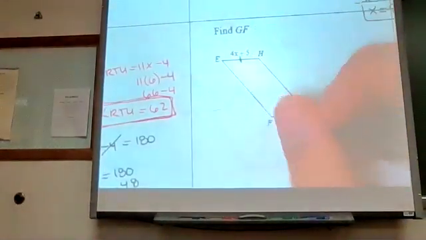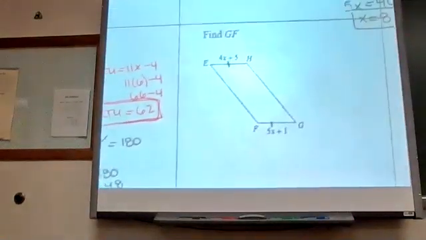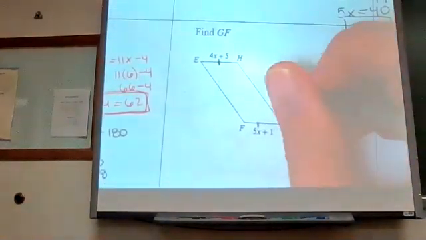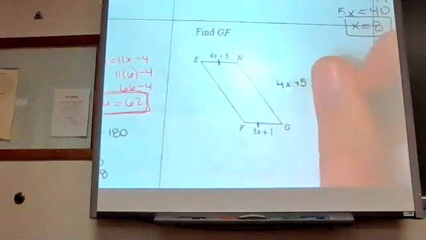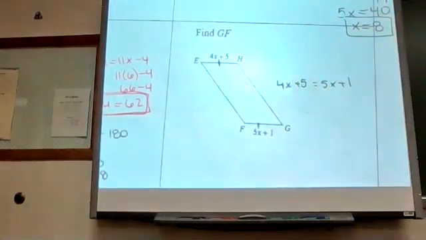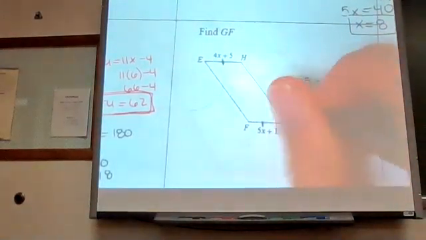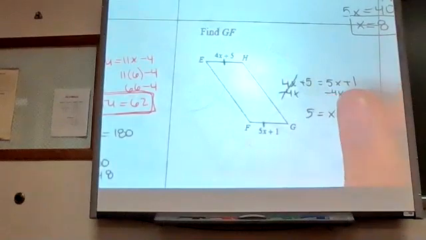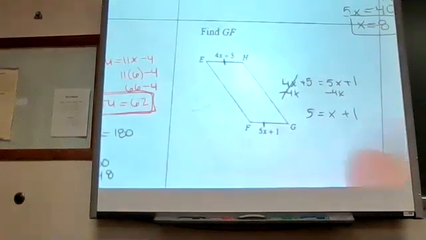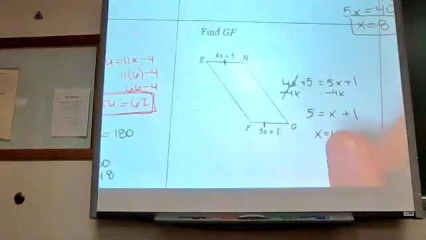So I know that EH and FG are the same length, or that 4x plus 5 has to equal 5x plus 1. Subtracting 4x, 5 equals x plus 1. Subtracting 1, x equals 4.